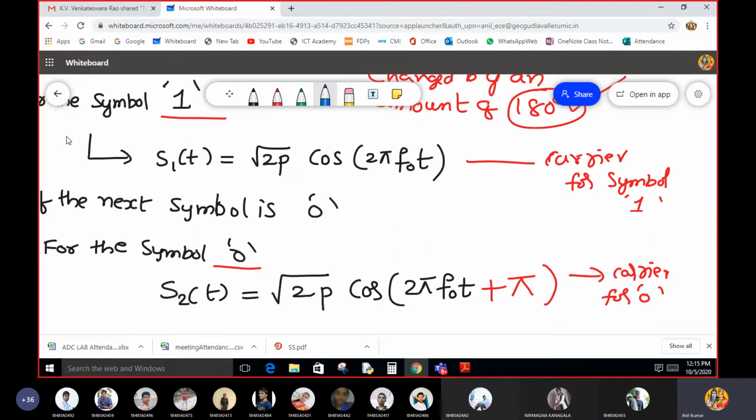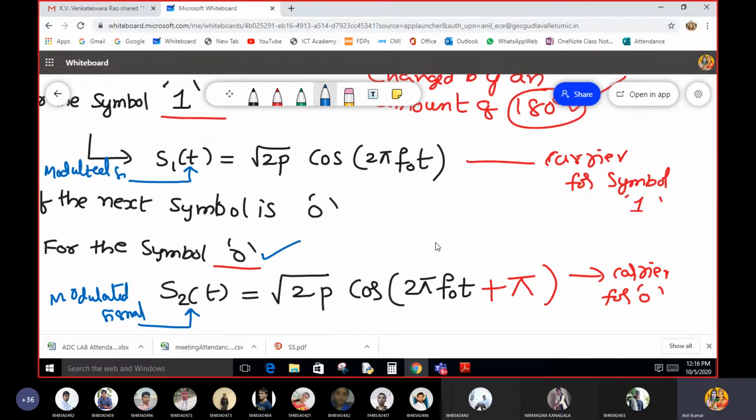Both are modulated signals only. This is the modulated signal when the symbol is logic 1, and this is also a modulated signal when the symbol is logic 0. What are the differences between these two?